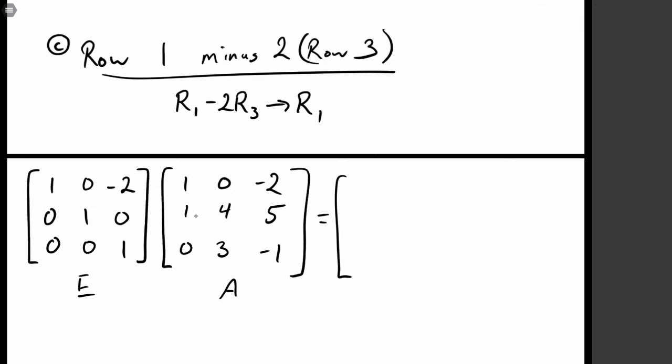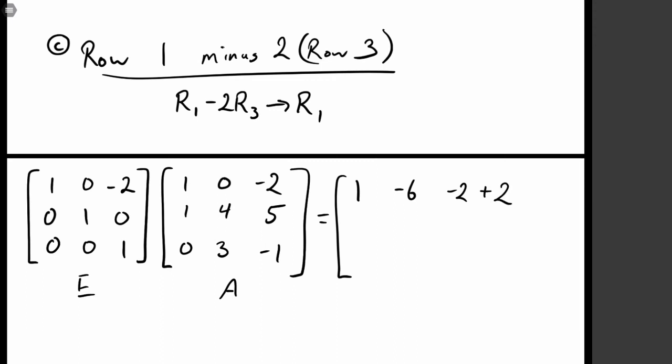Here we have 1 times 1 plus 0 times 1 plus minus 2 times 0. Here we have 1 times 0 plus 0 times 4 plus negative 2 times 3. That's minus 6. And 1 times minus 2 plus 0 times 5 plus negative 2 times negative 1.